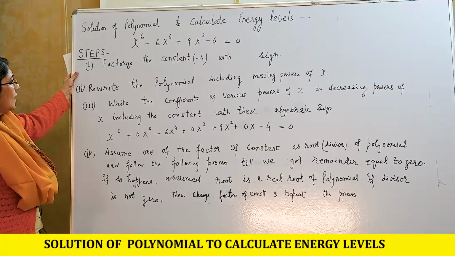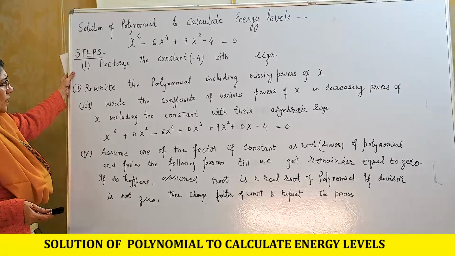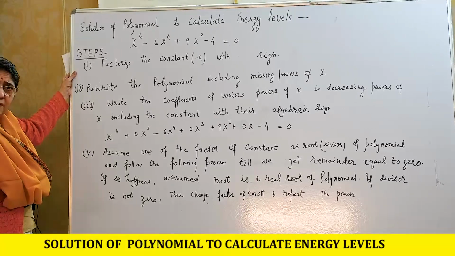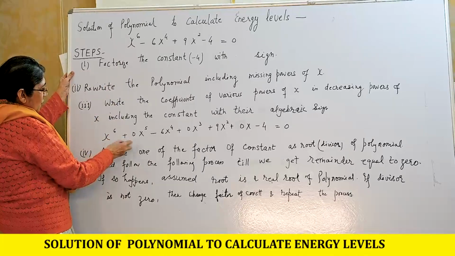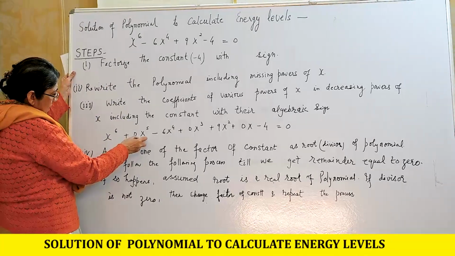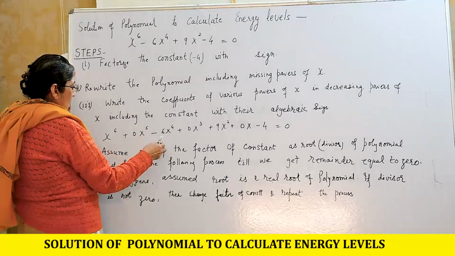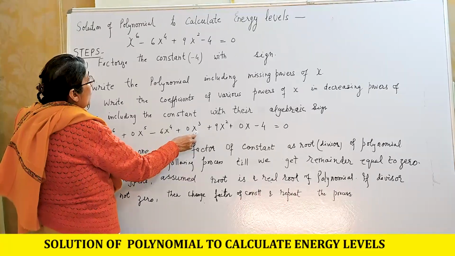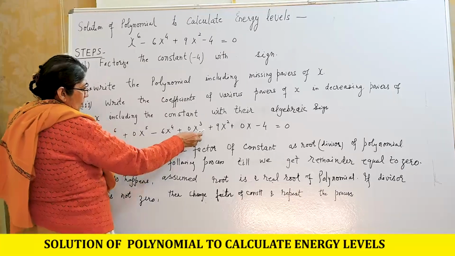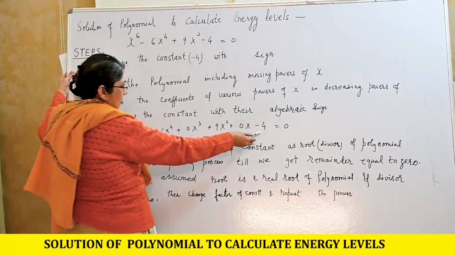And second, rewrite the polynomial including missing powers of x. This means x has missing powers, so I have written x^5 with 0 coefficient, -6x^4, x^3 is missing so it is with 0, 9x^2 plus 0x minus 4.